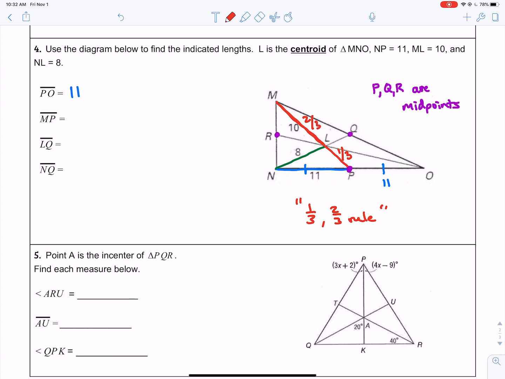So if the 2/3 is equal to the 10 that they gave us right there, then that's 2/3 of the total. So that's a 5 and another 5, and then the 1/3 would also be 5. So it's broken up into 3 equal parts. And then the centroid separates it into 2/3 and 1/3. So MP total would be just 15 because we could add them all together.